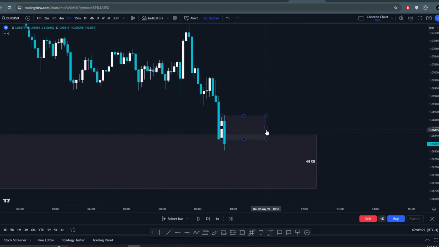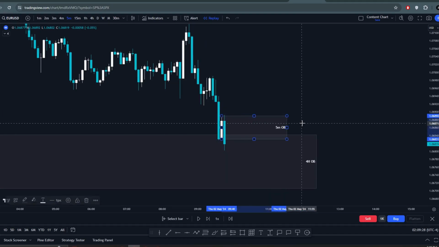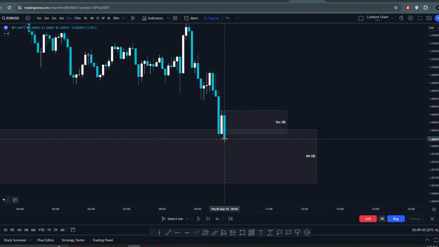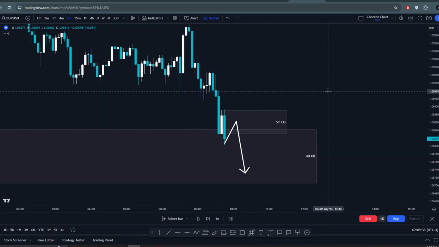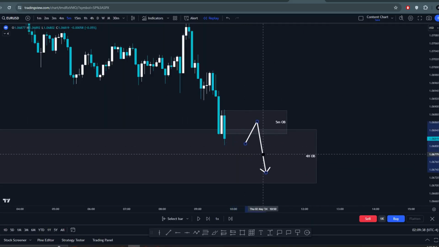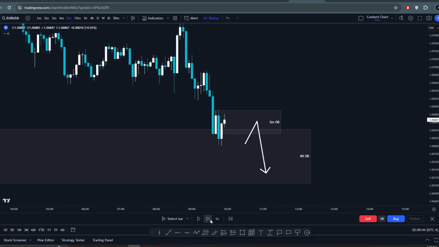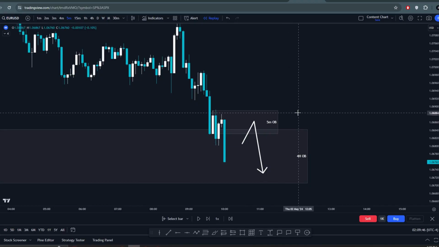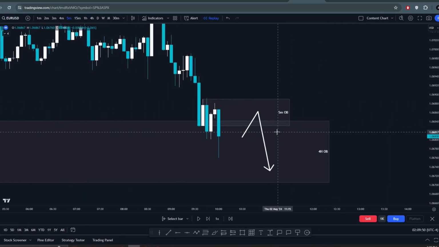We want to see price respect this order block and continue lower. So let's see what the price will do.